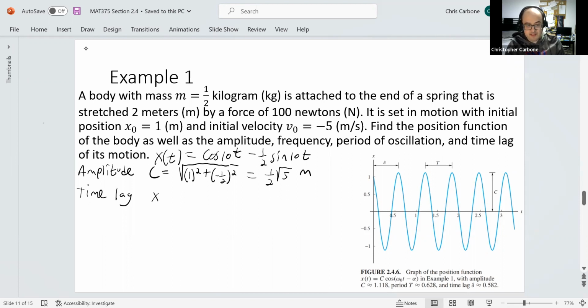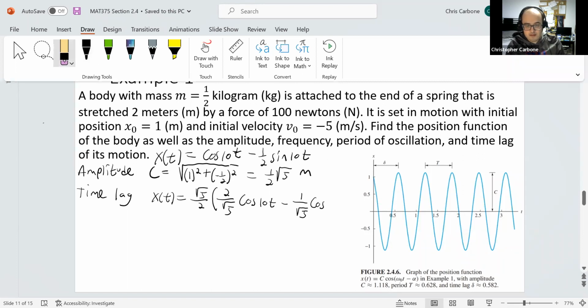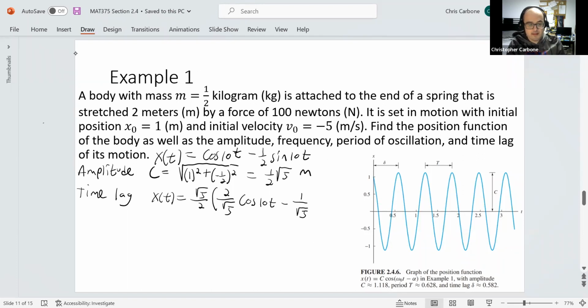We need to take x of t to be equal to the square root of 5 over 2 times 2 over the square root of 5 times the cosine of 10t minus 1 over the square root of 5 times the sine of 10t.